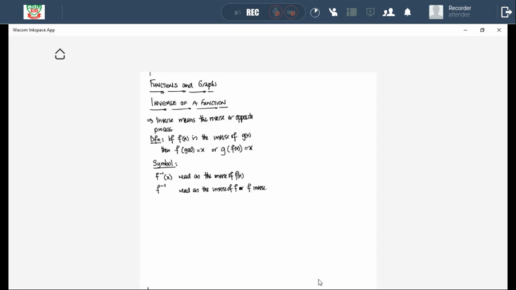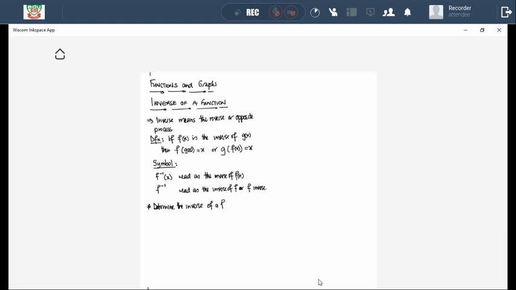Right, now determining the inverse of a function. Any function's inverse is deduced in two ways. You can do it algebraically, or you can do it graphically.